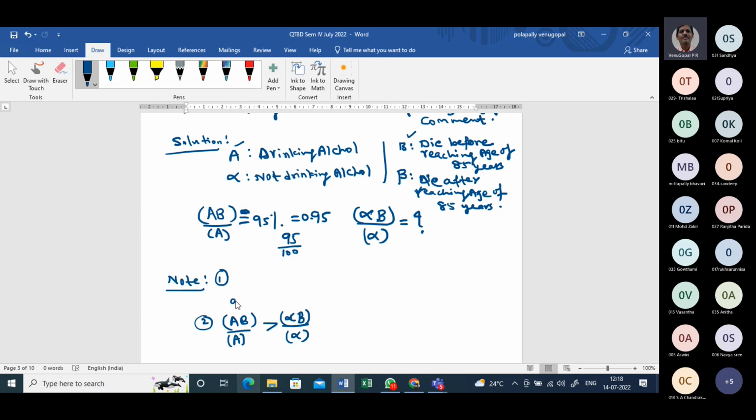Here it is 95%, this will be less than 95% because we don't know the data. Because this is not available, I say the given statement is wrong.